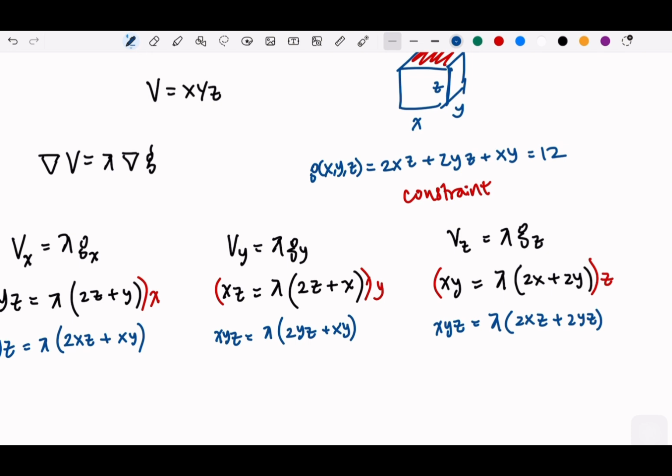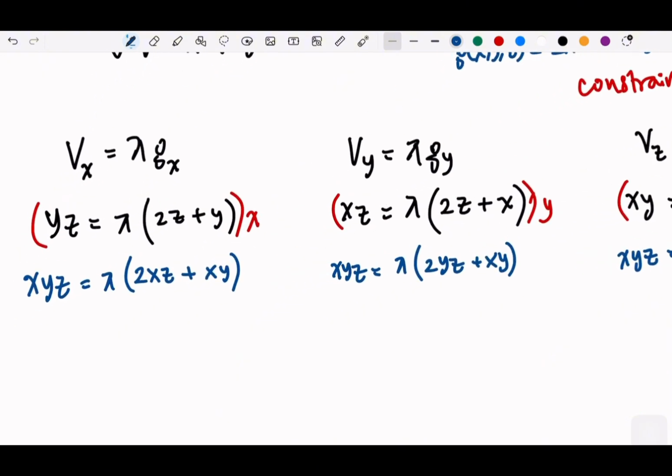Okay, now we have this, and remember we have the constraint. So we can write, for example, the 2xz plus yz is this, which means that this is 12 minus xy, right? We can substitute. Or we can solve directly this part here.